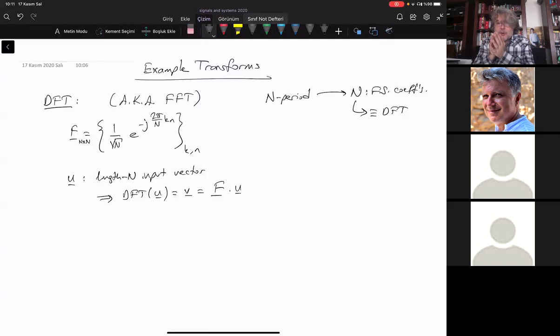And in order to make it orthonormal, completely symmetric, I assign 1 over square root of n to one side and 1 over square root of n, which is the same, to the other side, to make both of them having unit norm. Otherwise, if you're reducing the norm at one side, you have to increase the norm in the reconstruction side. Or if you increase in the transformation, you have to decrease in the reconstruction. This is the proper way of doing the discrete Fourier transform.